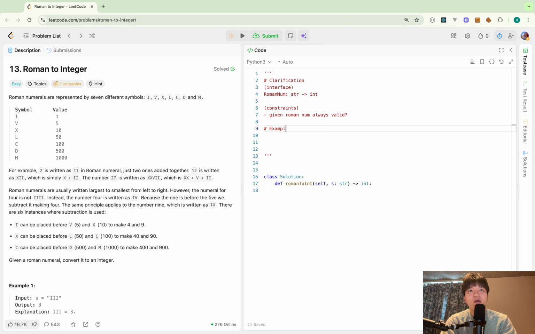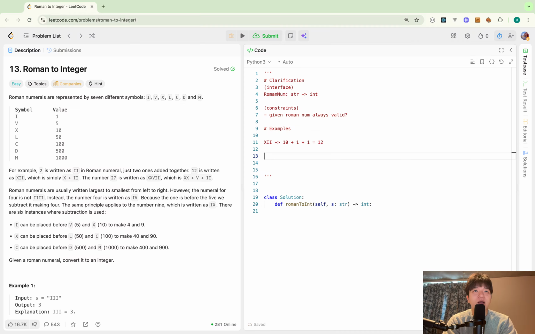So let me take a look at some examples. For example, let's say I have XII. In this case, I should return 10 plus 1 plus 1, which is 12. So basically, I think I just have to add the numbers. I will create a hash map from symbol to value, and then traverse the given string.